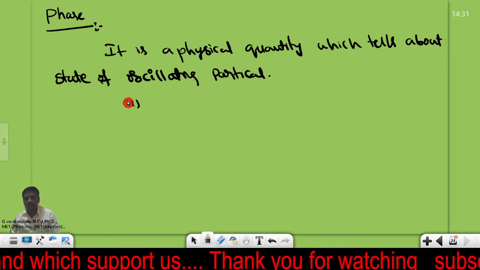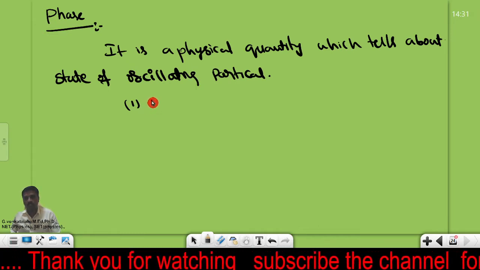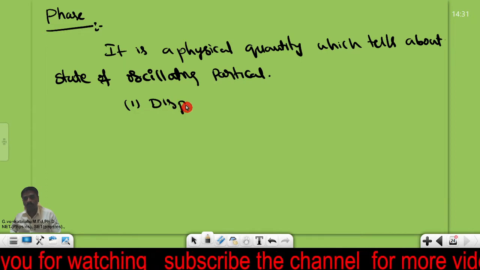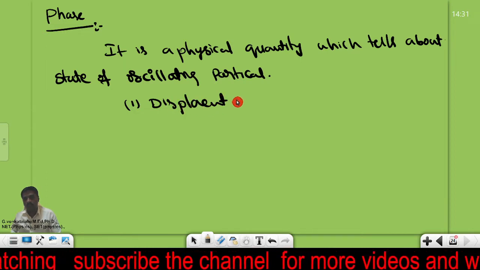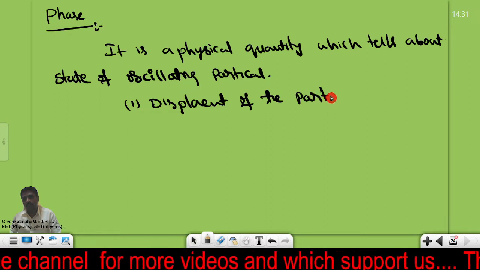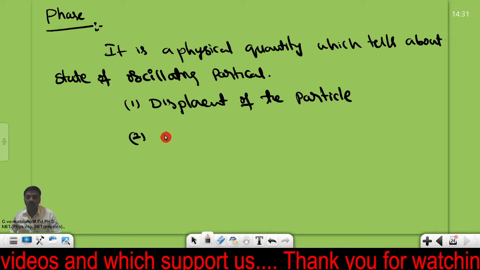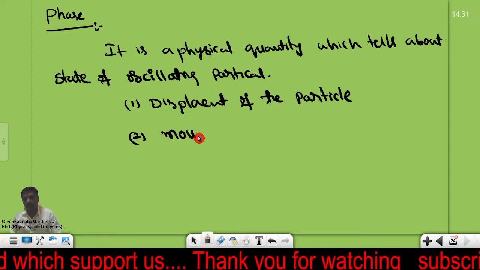So what does it mean by state? State gives the information about the displacement of the particle, and also about the moving direction of the particle.